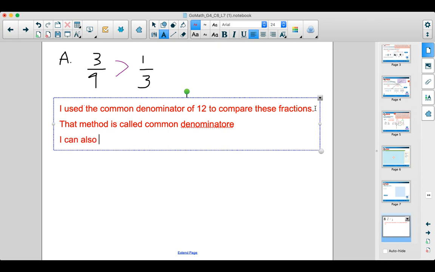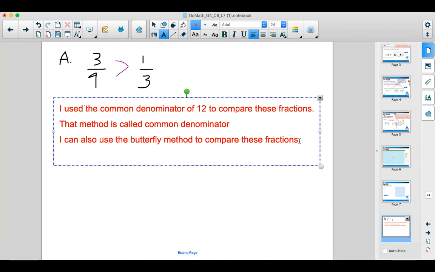I can also use the butterfly method to compare these fractions. 3 times 3 equals 9, and 4 times 1 equals 4. So 3/4 is larger than 1/3.